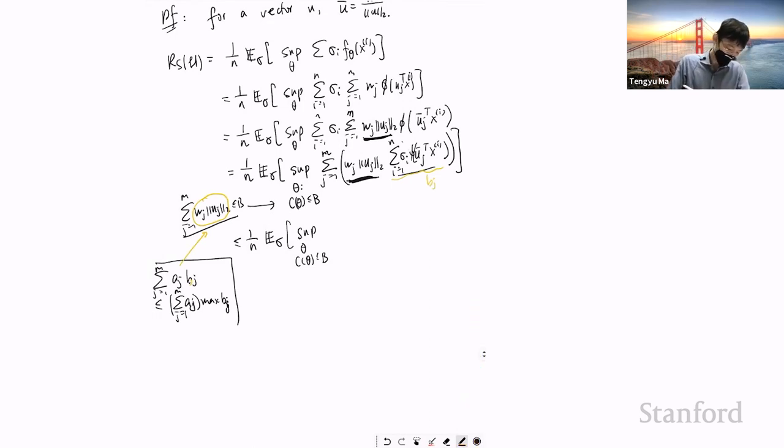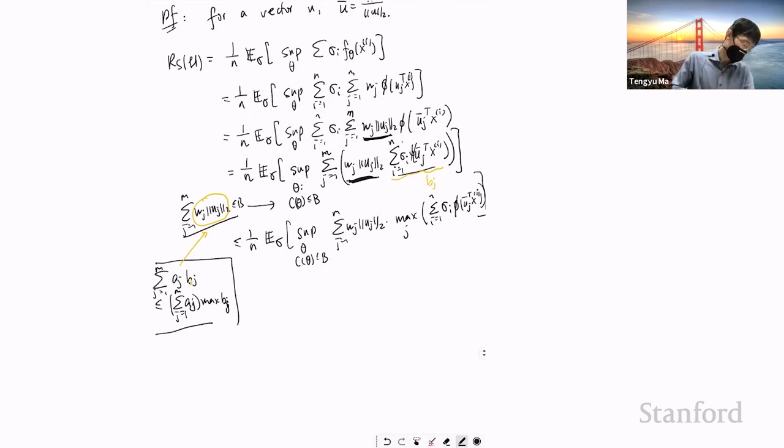So if you apply this, you get the sum of Wj times the Uj 2-norm, j from 1 to m, times the max over j. In some sense, this is a Hölder inequality, right?